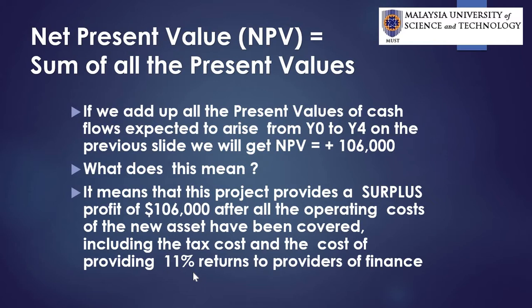And if net present value would have been 0, we would have said, well, that's okay. We wanted 11%, we get 11%. But right now, we have a situation where we wanted 11%, but we get the 11% and an extra 106,000. So please note, net present value is a surplus cash profit after the returns have been provided for.